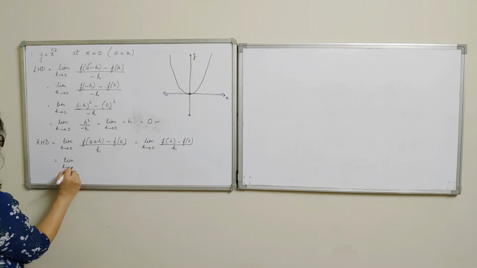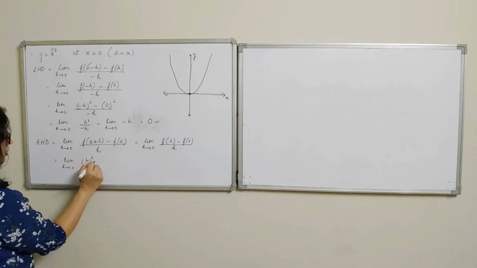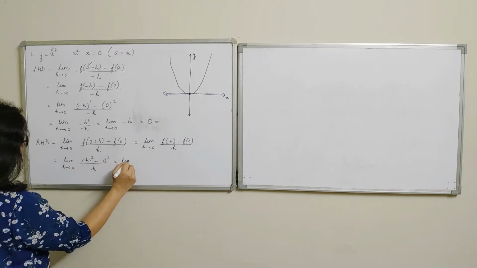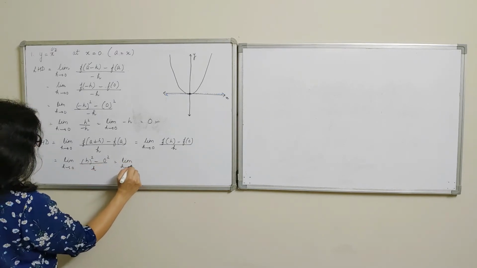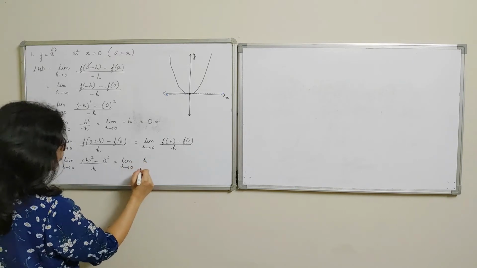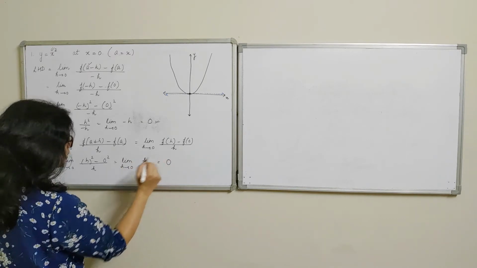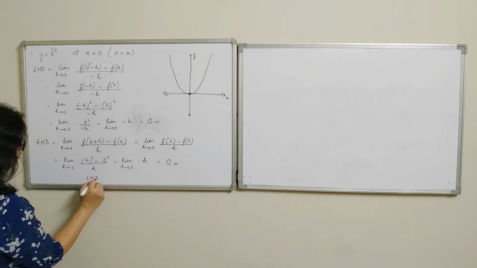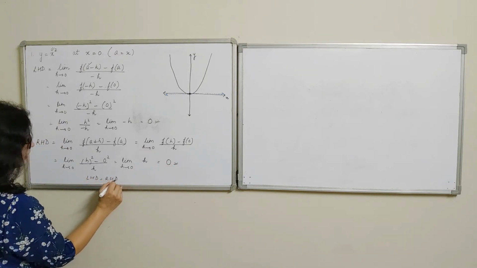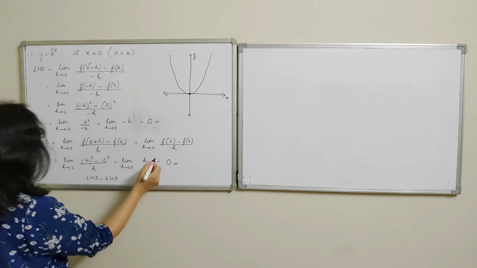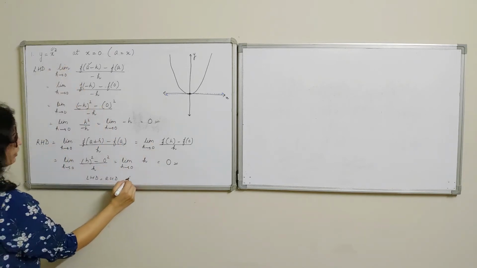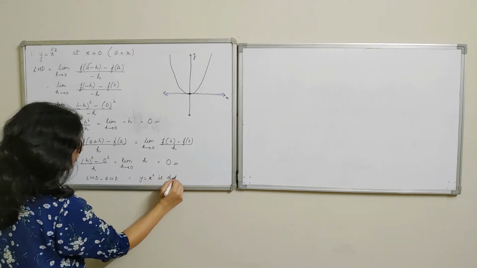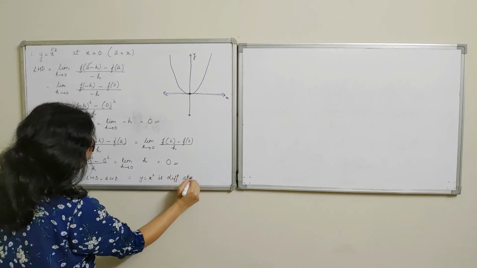The function here is h square minus 0 square upon h. Further simplification gives us limit of h when h tends to 0, which is 0 here. So you can see here that the left hand derivative is equal to the right hand derivative. Both have finite values.